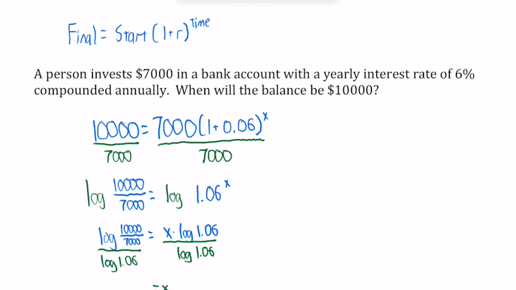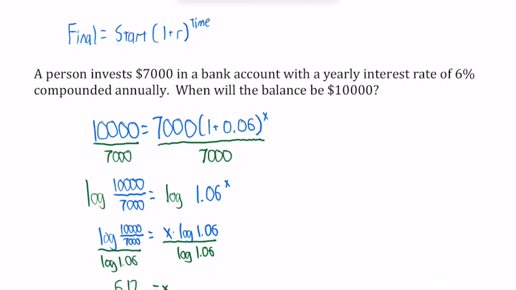If we go ahead and calculate the value of that expression on the left side, the logarithm of 10,000 divided by 7,000 divided by the logarithm of 1.06, we have about 6.12, rounded to 2 decimal places.